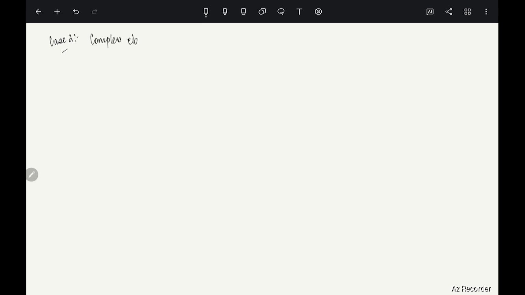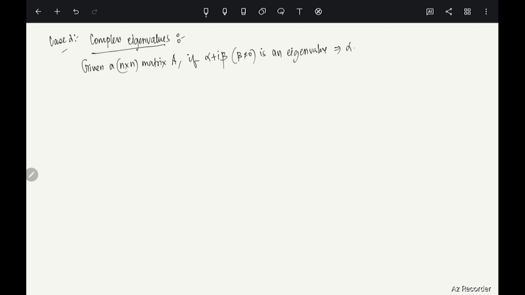Please remember this: given an n by n matrix A, if alpha plus i beta, with beta not equal to 0, is an eigenvalue, that will imply alpha minus i beta will also be an eigenvalue.